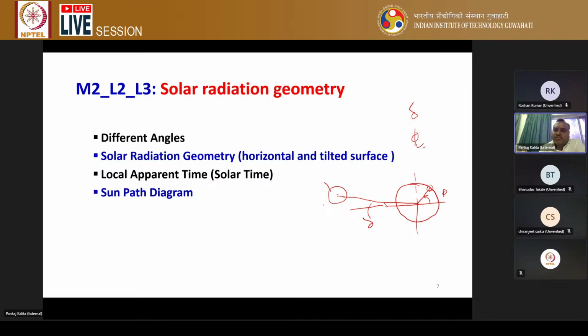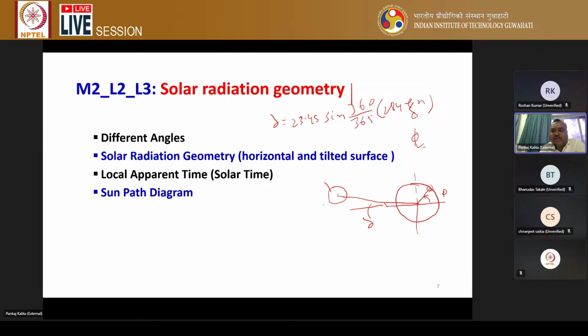Okay, and also mathematically we can express delta, which is 23.45 sine of 360 by 365 times (284 plus n). So n is the day of the year. It may be January 1 or January 2 or something like that.